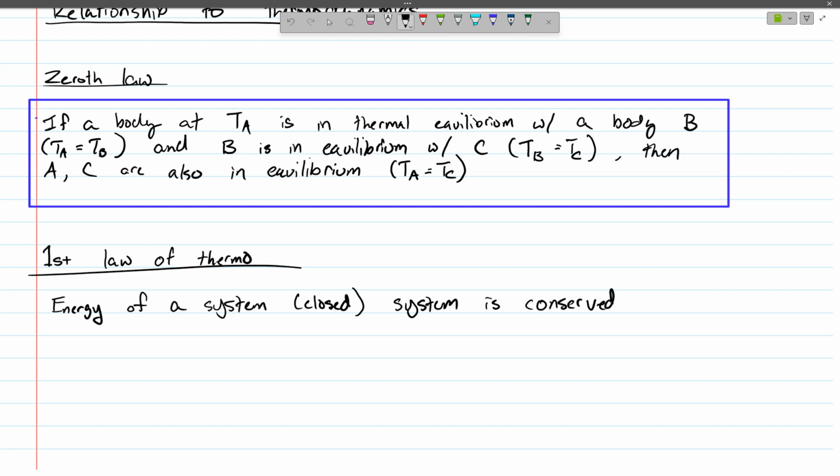And so in mathematical form, what this basically means is that the change in the total energy that is stored within a system has to be equal to Q minus W. We'll delve into this a little bit more shortly.